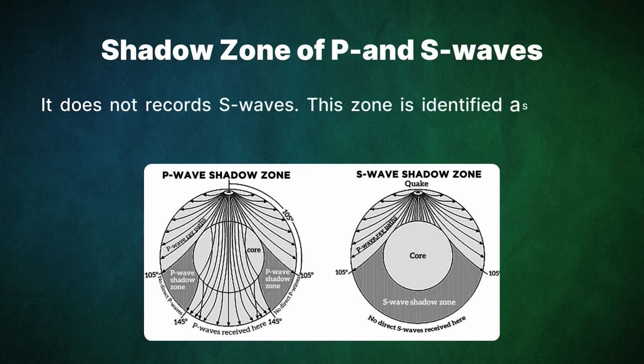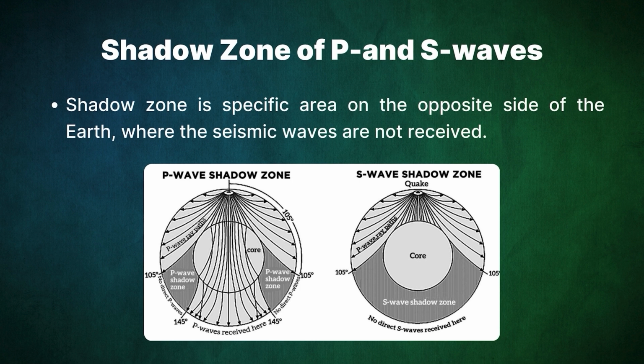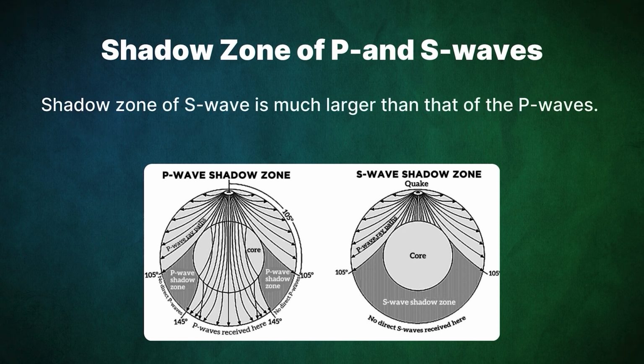They do not record S waves. This zone is identified as the shadow zone. The shadow zone is a specific area on the opposite side of the earth where the seismic waves are not received. The shadow zone of S waves is much larger than the shadow zone of the P waves.